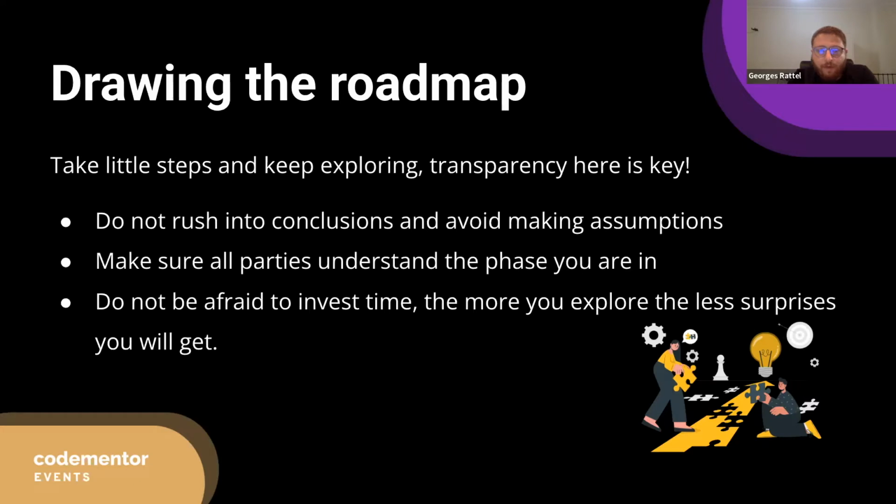At any point in time, if you find that, okay, we started the exploration phase, I started understanding what the client really wants, then I might also understand that I might not be able to deliver the project, because at the beginning I thought, for example, the client wants ABC, and it turns out the client needs something else that's out of my league or outside my technical knowledge, etc. So it's very important to stay transparent at all times.